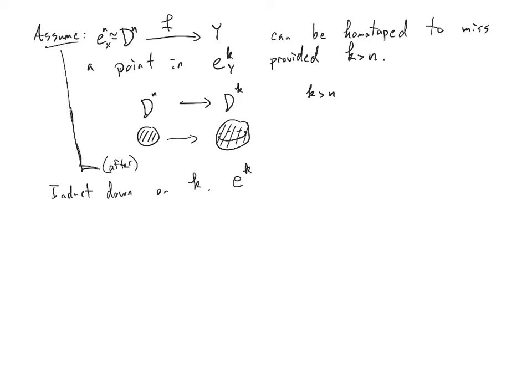So E_k in Y has a non-zero intersection with F of E_n in X. So what we do is we assume we have a homotopy, which we can homotope F, as a map of X_{n-1} union E_n, so union this one cell, a map to Y. We have a homotopy to F, let's just call this F bar.